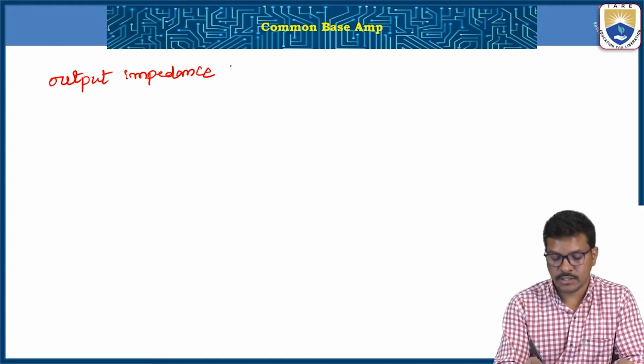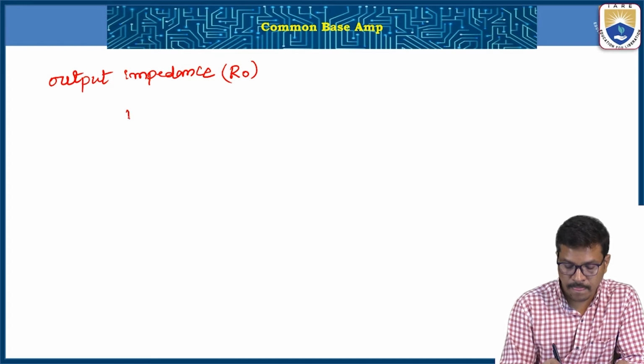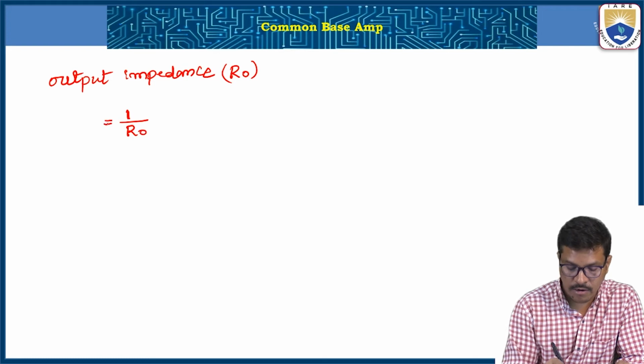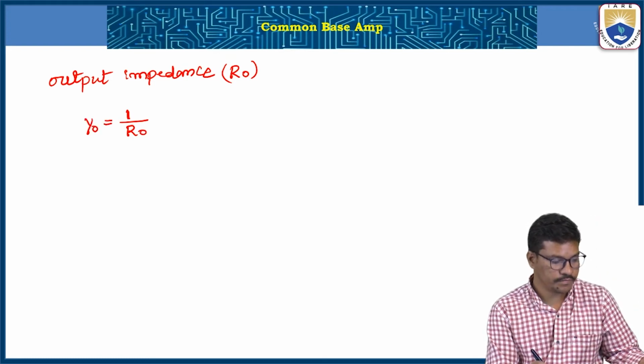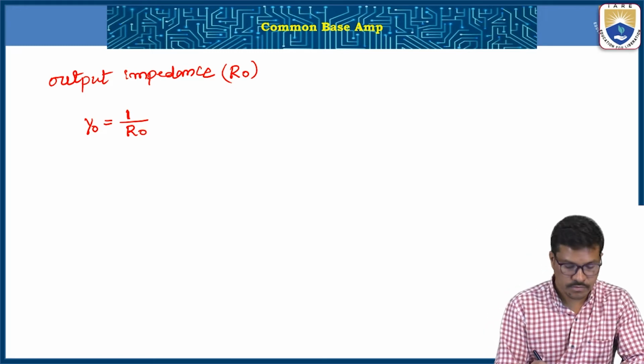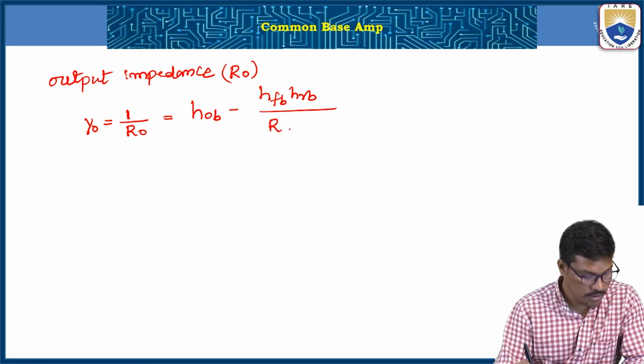Basically, we know the formula: 1 by R naught, or Y naught, is equal to HOB minus HFB HRB divided by RS plus HIB.